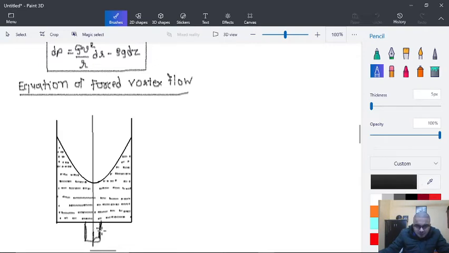Here this is rotating with the speed of omega. Let's say we are having 2 points of interest. First point is over here. Let's say this as point 1 and this is as point 2.